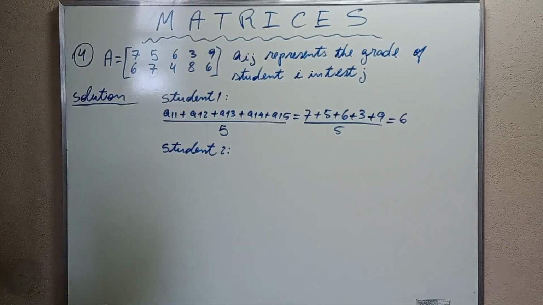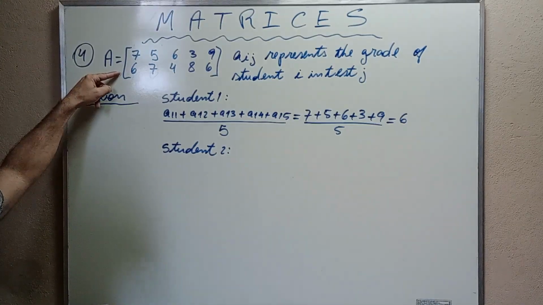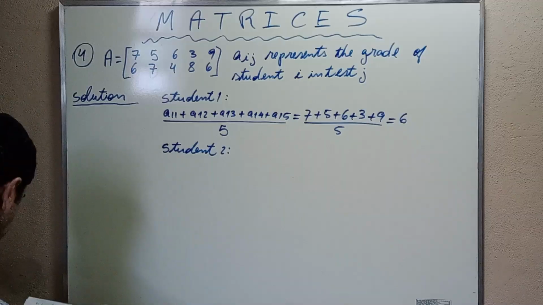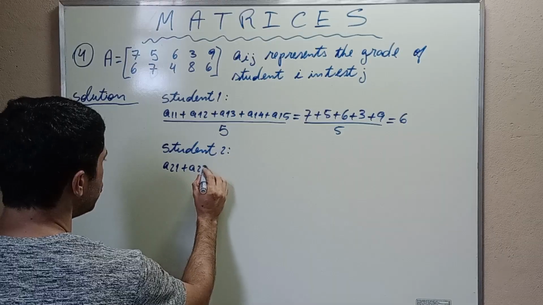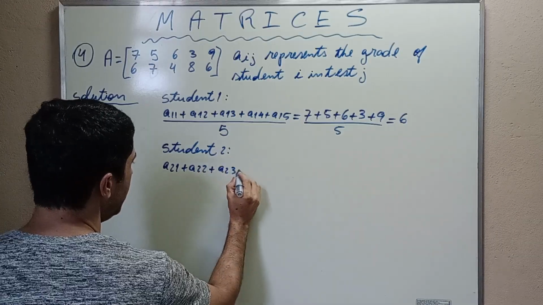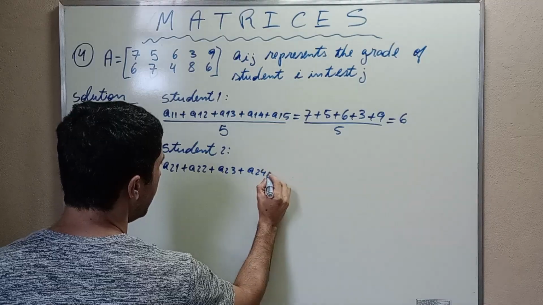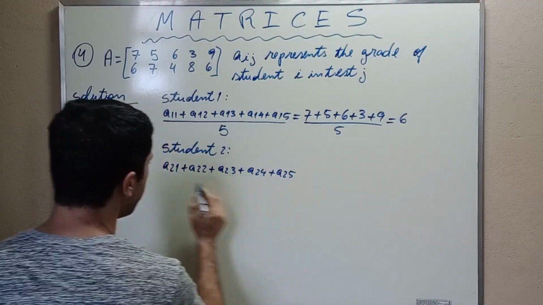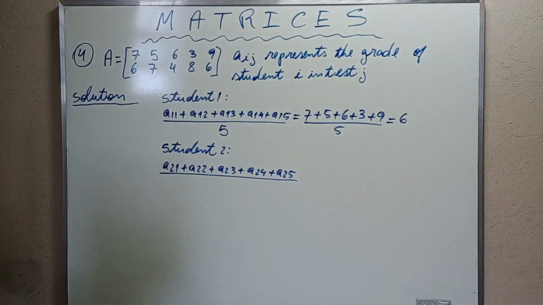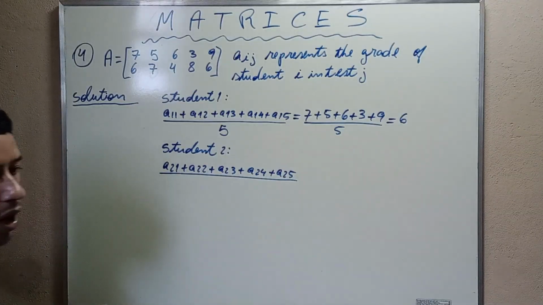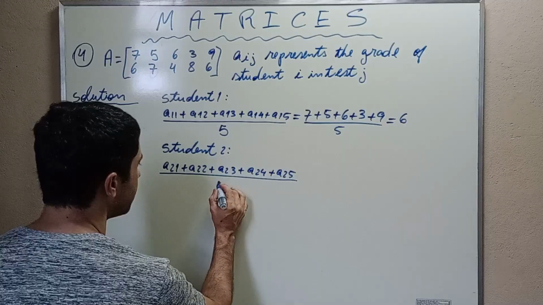We sum the entries of the second row. A21 plus A22 plus A23 plus A24 plus A25. Student 2 took 5 exams as well, so the average is the sum of the grades divided by 5.